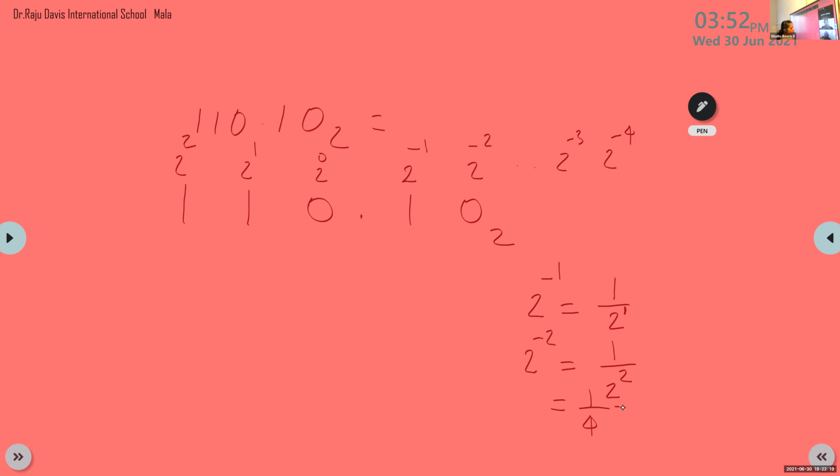What is the answer of 1 by 4? It is 0.25.